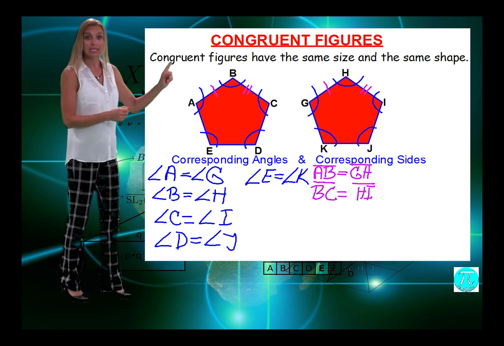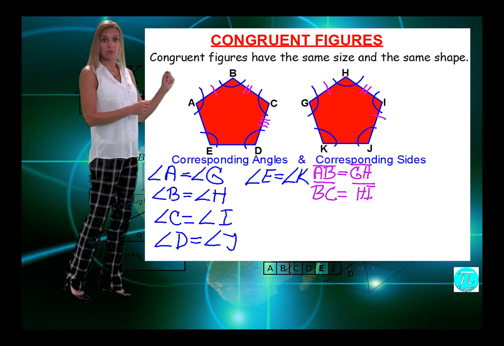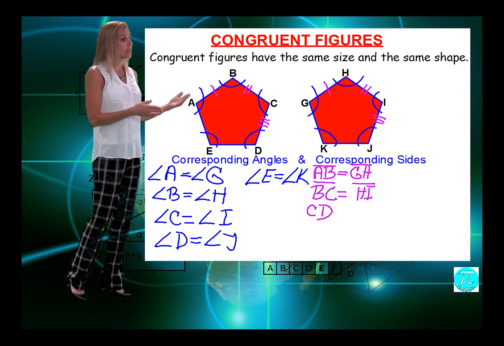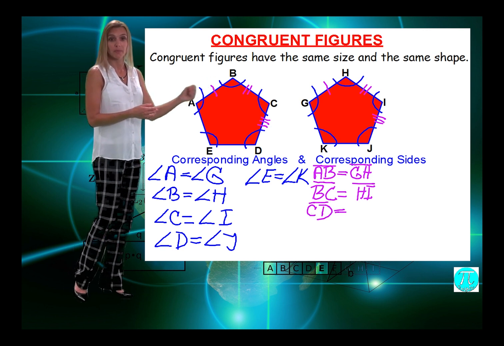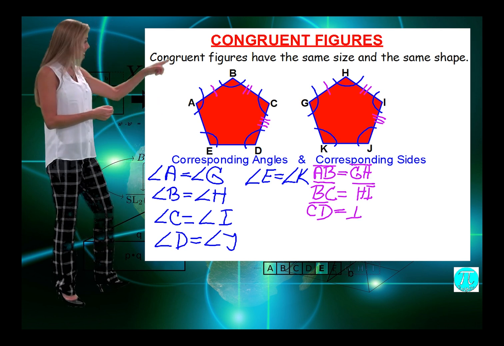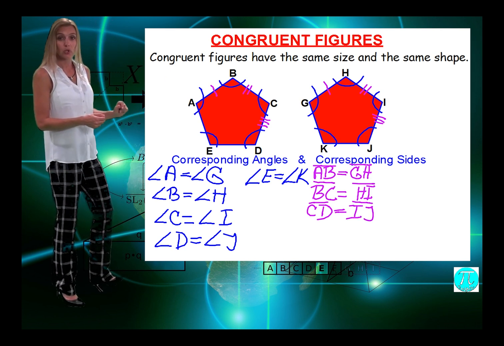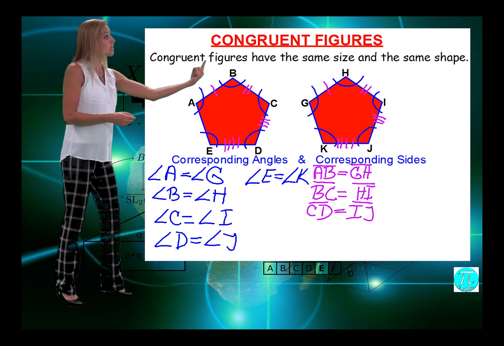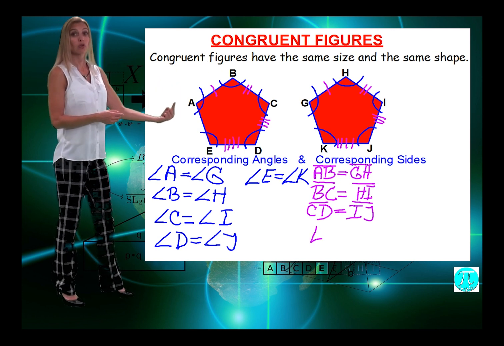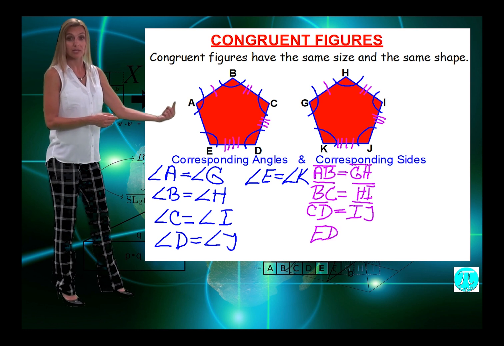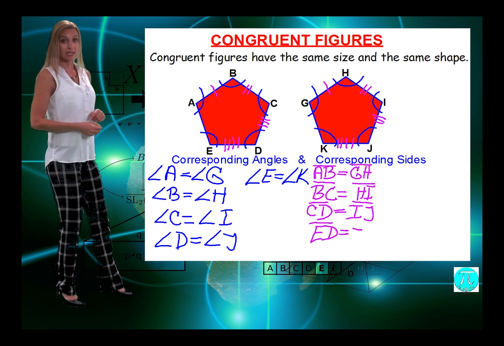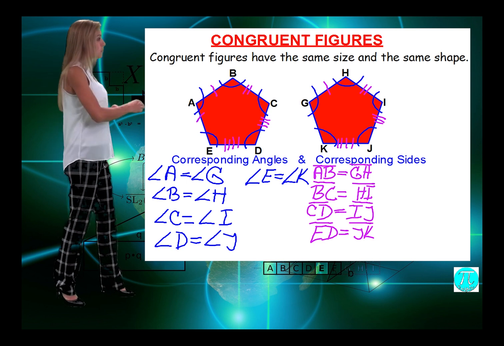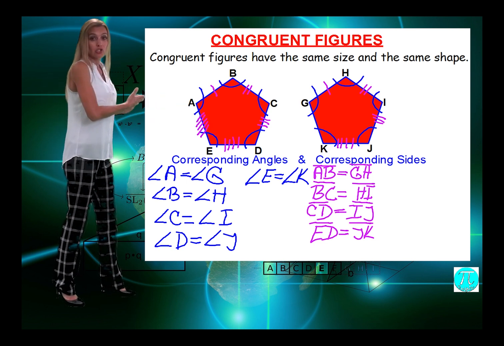Side BC has to be congruent or the same side measure as the side HI. The side CD has to be congruent to the side in the other shape that is IJ. Those are corresponding sides. And side ED has to be congruent to its corresponding side JK.